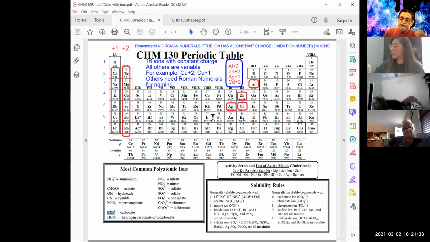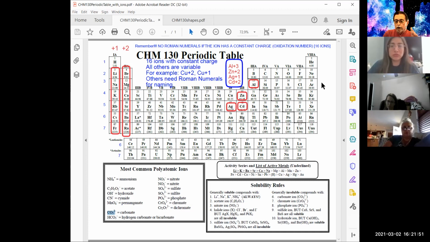Now, there are 16 of the metals that you would know 100% of the time their specific charge when they become ionic. I put them in red here. Group 1 all have 1 valence electron. They're metals, so they're going to lose that 1 valence electron as compared to trying to pick up 7.